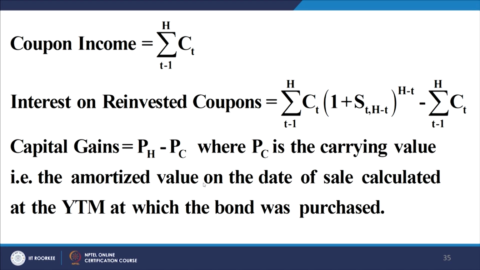In other words, it is the amortized value which is in your books, provided that amortized value is calculated on the basis of the YTM at which you had purchased the bond. So, if your selling price is higher than the carrying value, you make a capital gain, and if your selling price is lower than the carrying value, you make a capital loss.